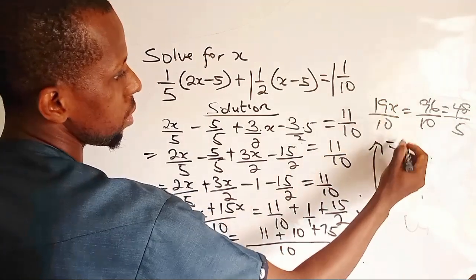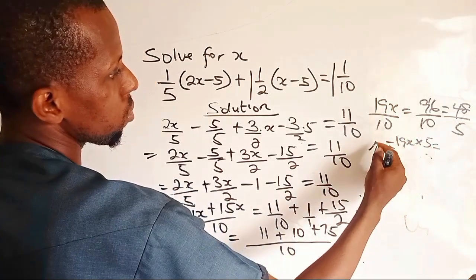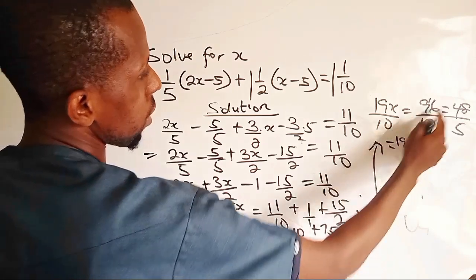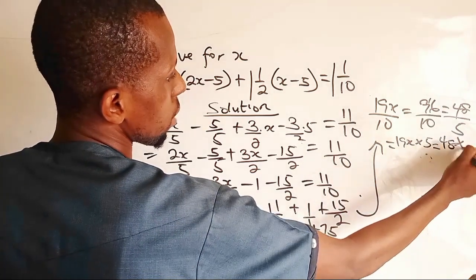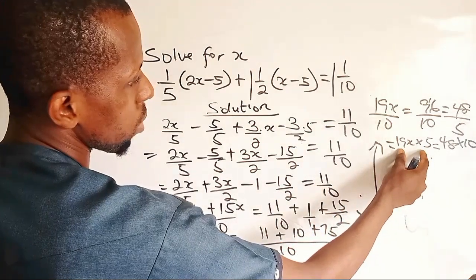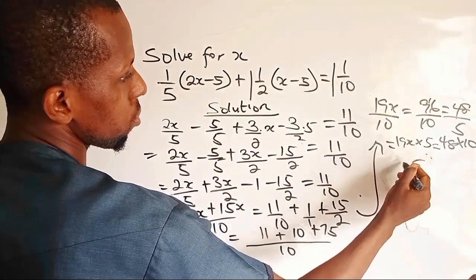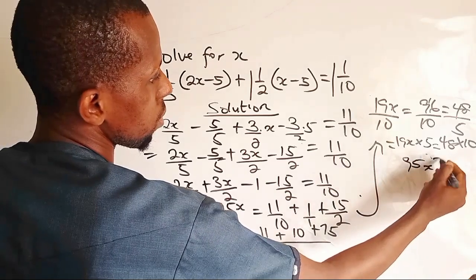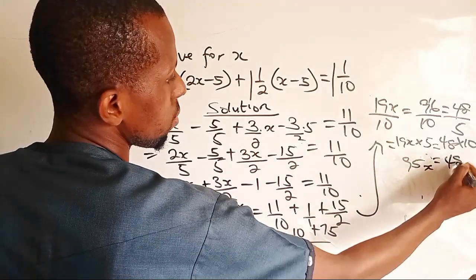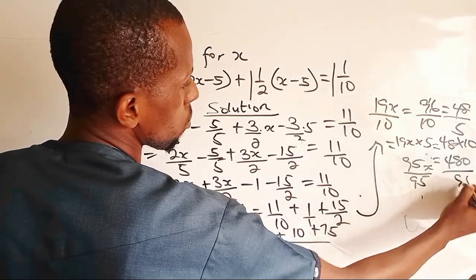And we now cross multiply. So we have 19x times 5 equals 10 times 48, 48 times 10. When we multiply this together, we have 19 times 5, 5 times 9 is 45, so it should be 95x equals 480. So we can easily divide both sides by 95, which is the coefficient of x.